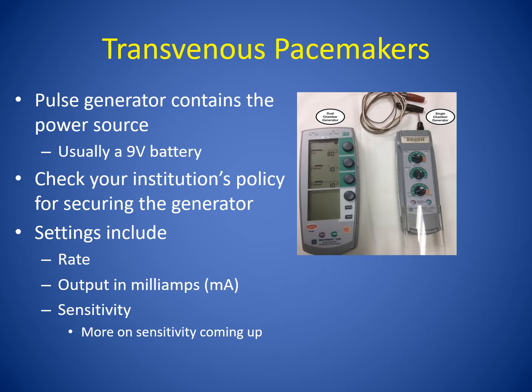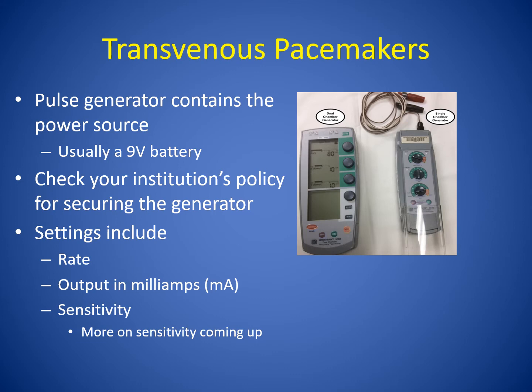Most institutions have very specific routines for how generators should be secured for safety so that it doesn't accidentally get pulled out. Securing the patient's arm and using an IV pole next to the bed are examples of methods. Pulse generators contain the power source, usually a 9-volt battery.